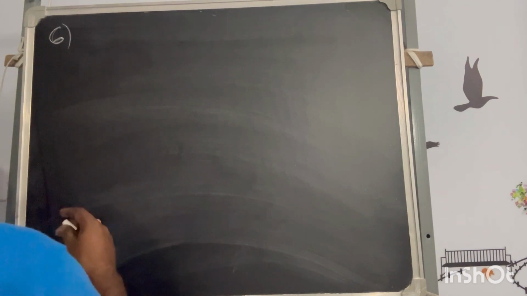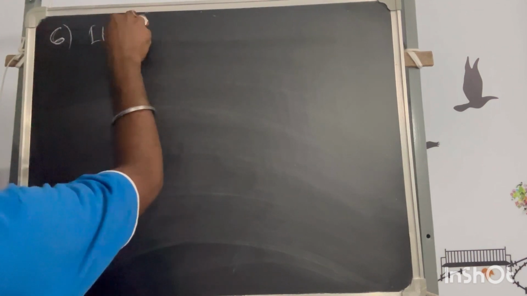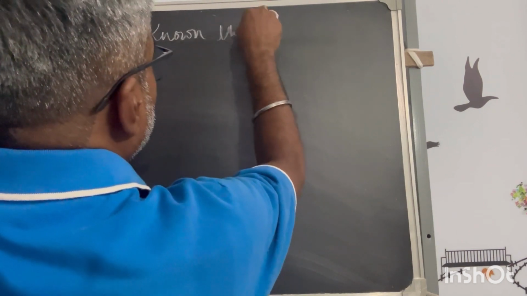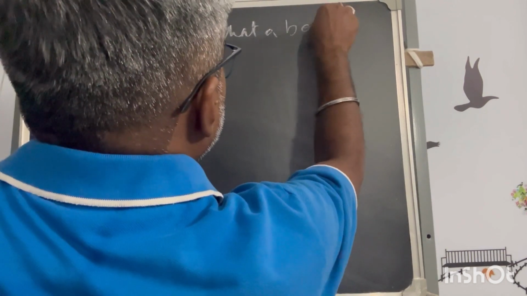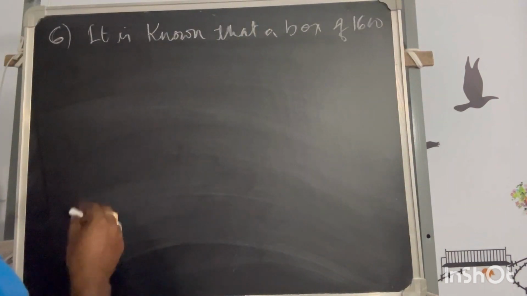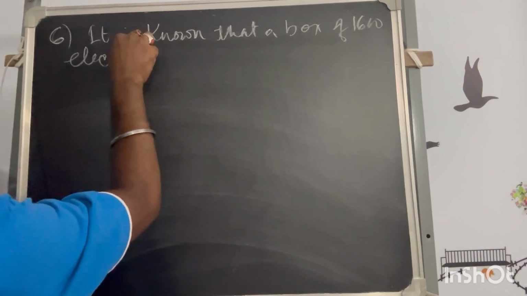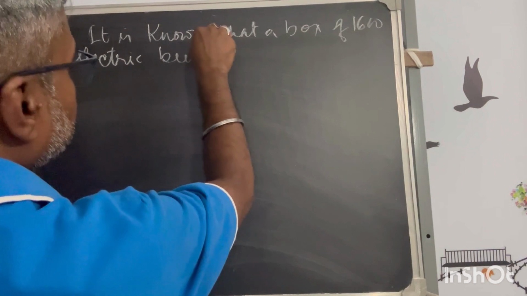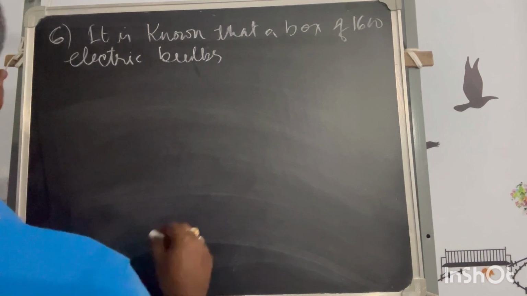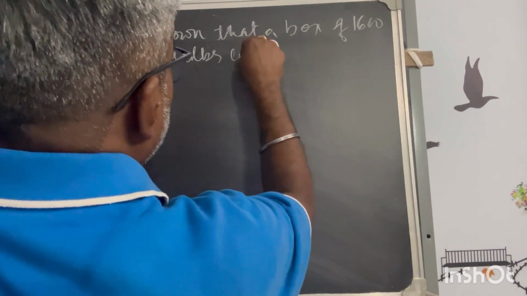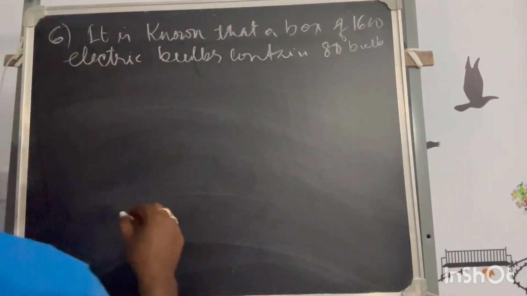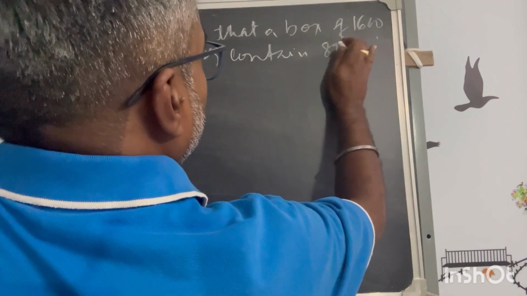Problem number 6 is: it is known that a box of 1600 electric bulbs contains 80 defective bulbs.